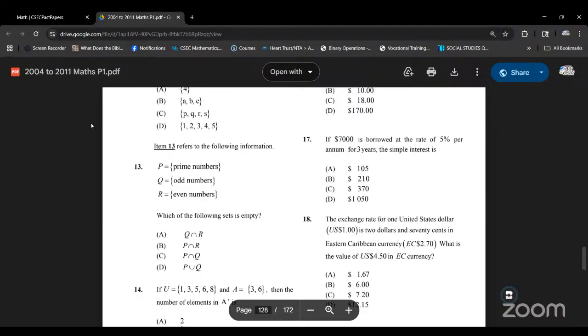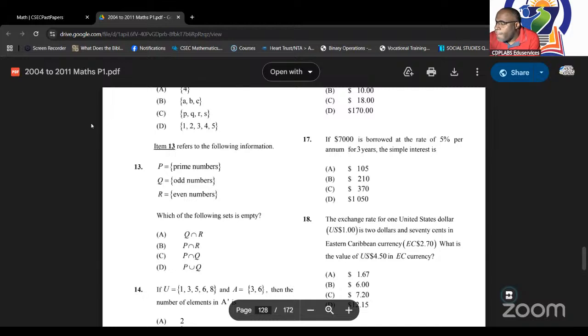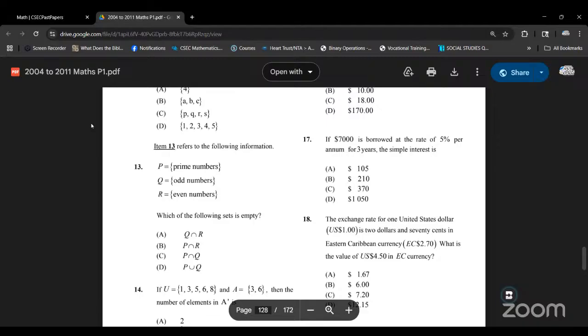Yeah, I just taught you a technique earlier that you could apply to this one. What's that technique? Find 1% first. Exactly. And what will be 1% of 7,000? 70.